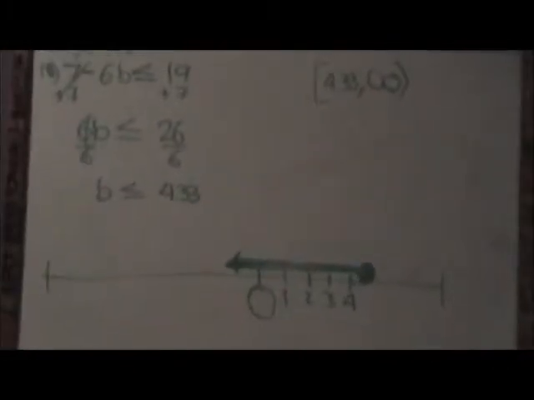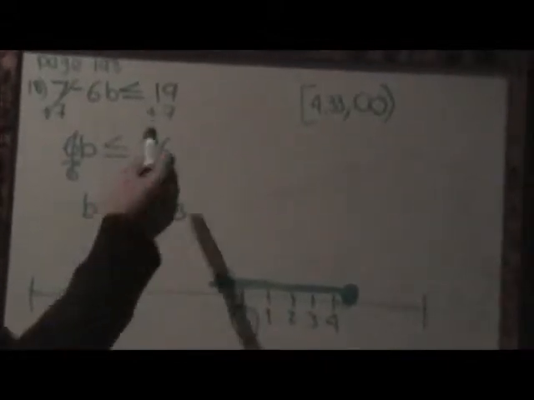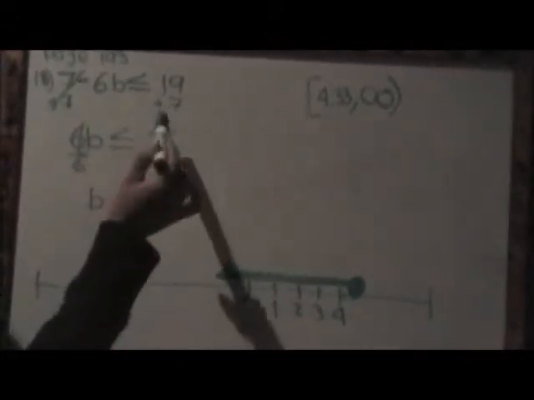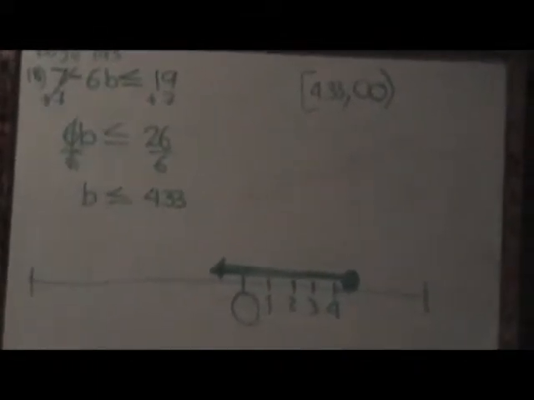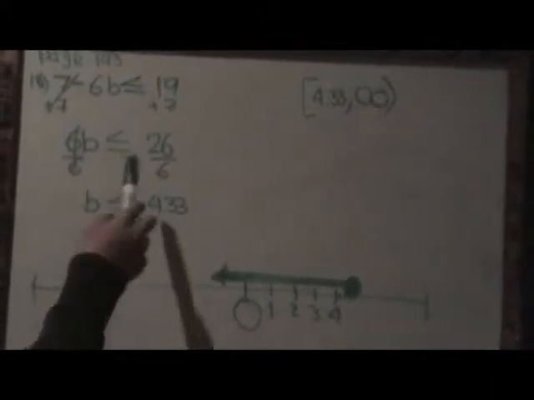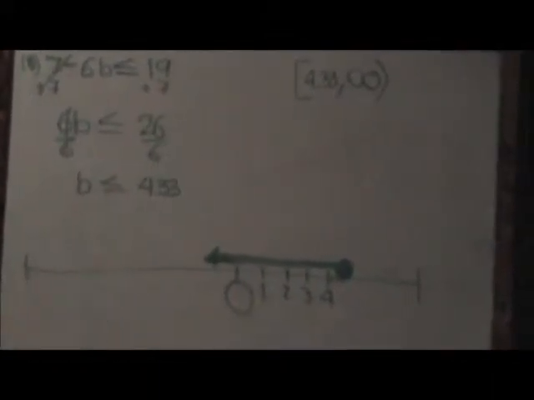So it is 7 minus 7, it will be removed, as you see here. And here we leave the minus 7, making 19 plus 7. So 19 plus 7 is 26.